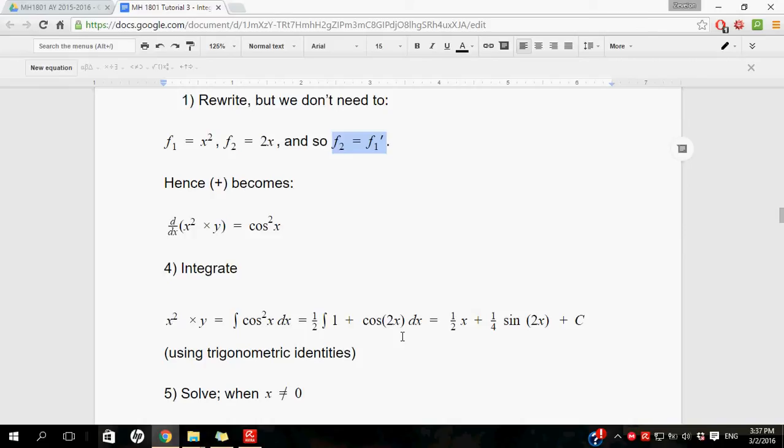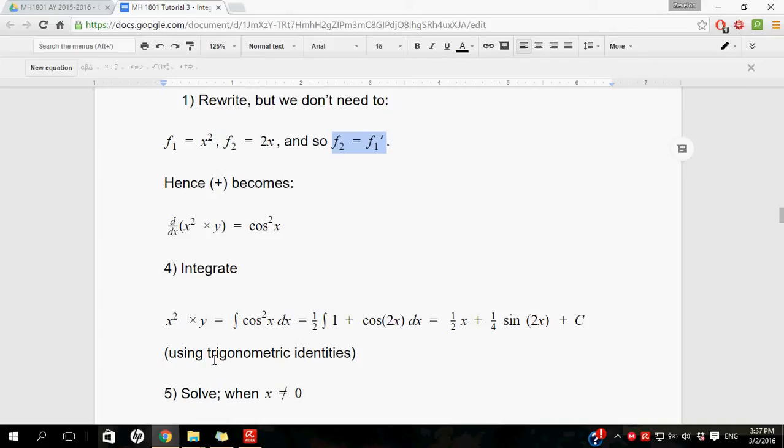We know how to integrate this. It gives me half times x plus 1/4 times sine of 2x. At this stage, we introduce our arbitrary constant c. So we have this equation.